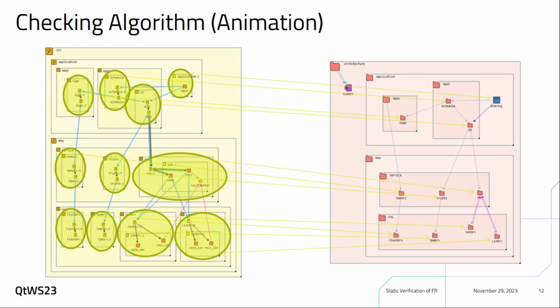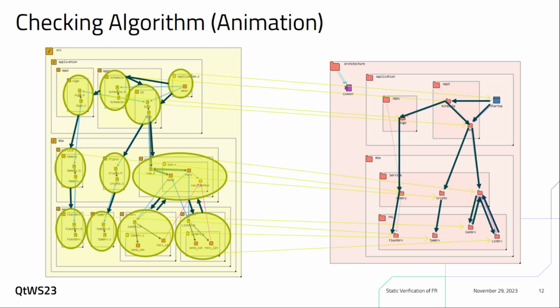And if we apply this checking algorithm on this small sample project, we look at the individual dependencies on the left-hand side in the implementation. Here is a dependency from main into the schedule header. Consider this dependency, and we move that using the mapping onto the architecture model and proceed with all the dependencies in this entire system.